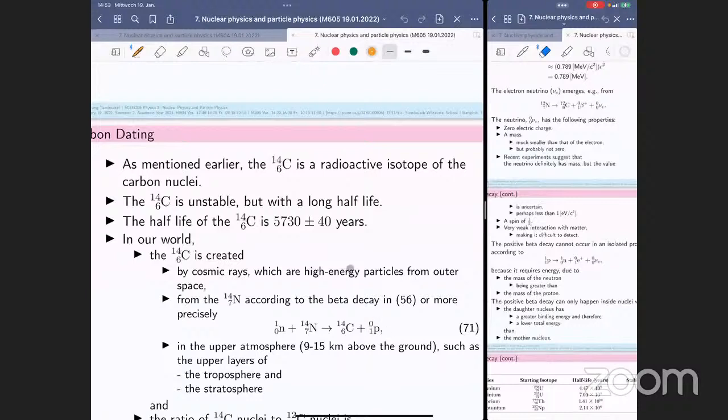It's like you have a proton here, and one more proton. Other than that is neutron. This is the nucleus of nitrogen.